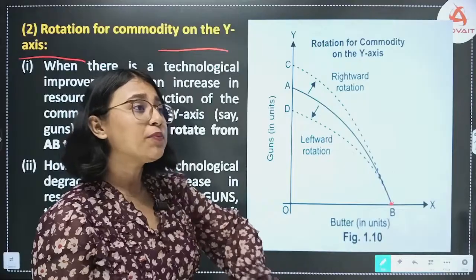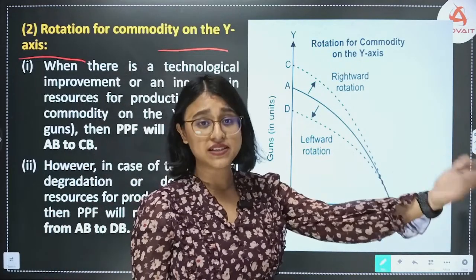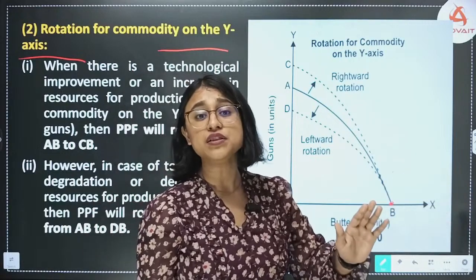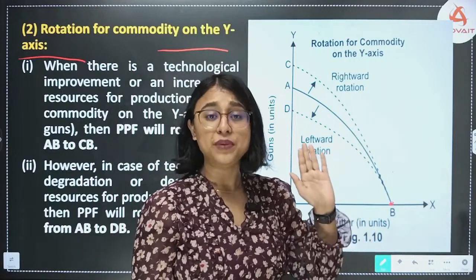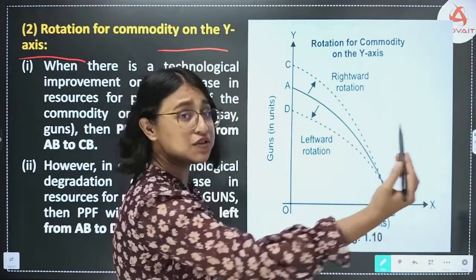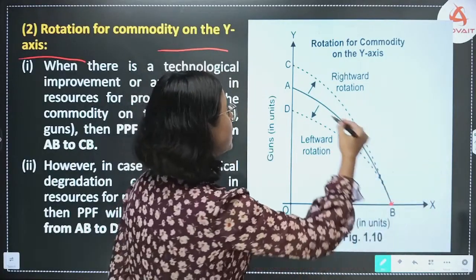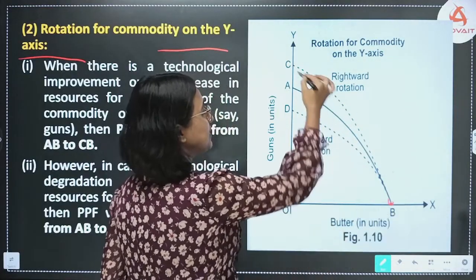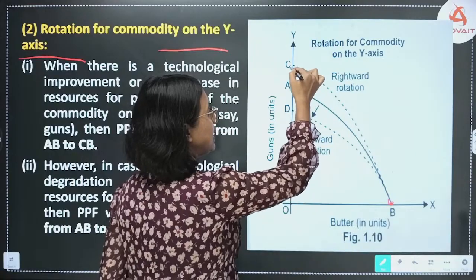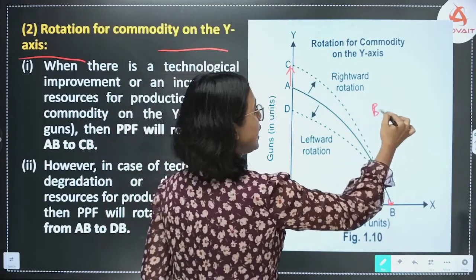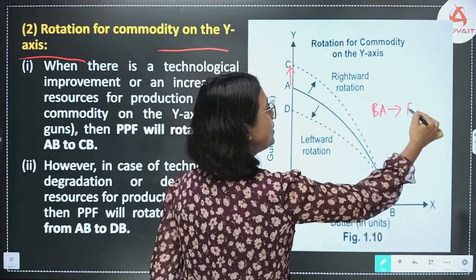Suppose productive capacity of guns has increased, like technology has increased, resources have increased. It will lead to rotation of PPF along the y-axis towards the right because increase hoise, from BA to BC. Originally code asil BA, now it will move towards the right from BA to BC.